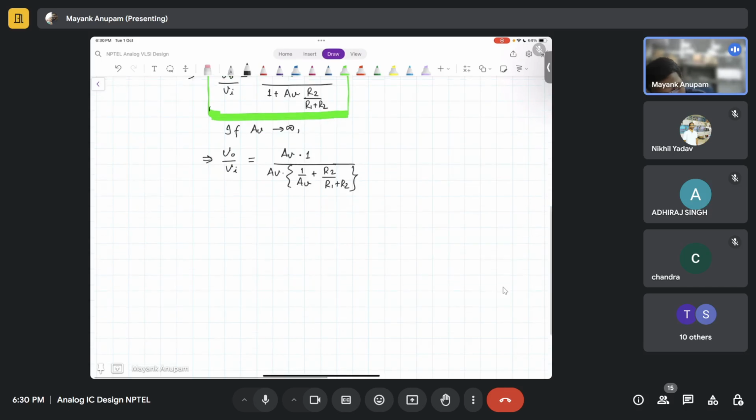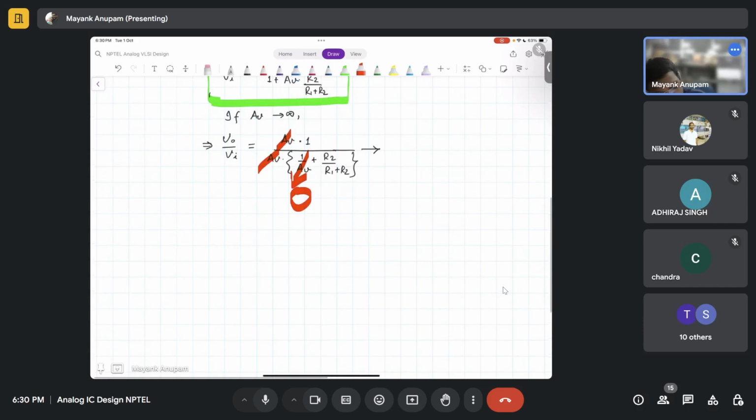If AV tends to infinity, this guy will tend to 0. So ultimately this will tend to 1 over R2 divided by R1 plus R2, which in other words is 1 plus R1 over R2. Correct?